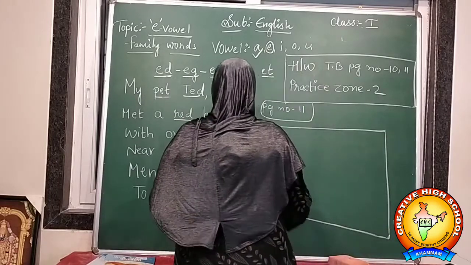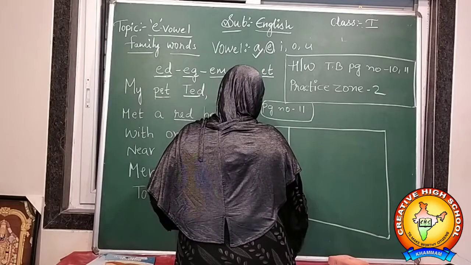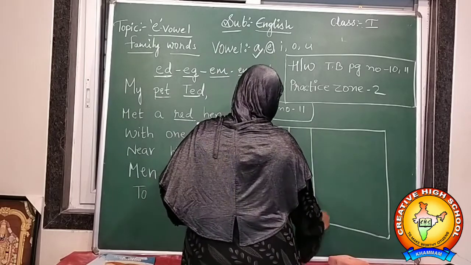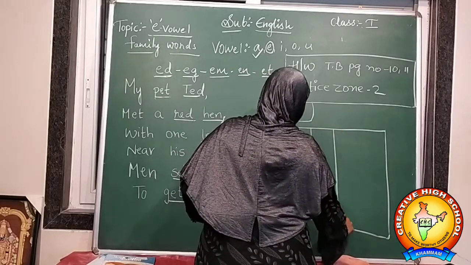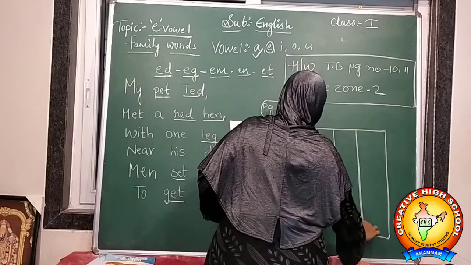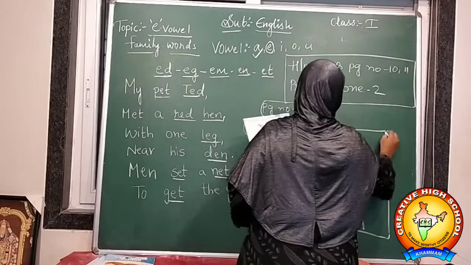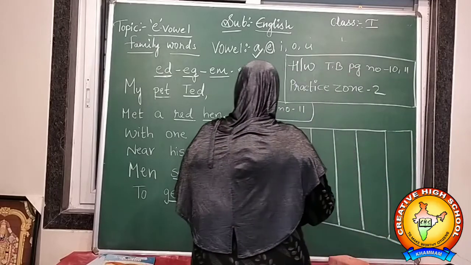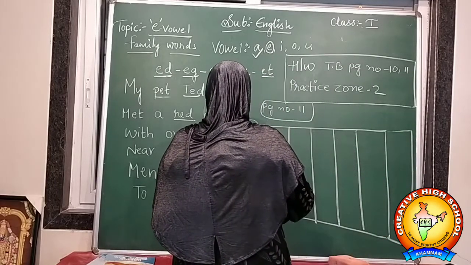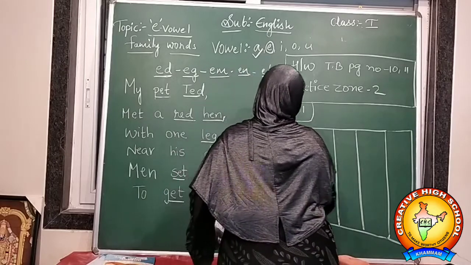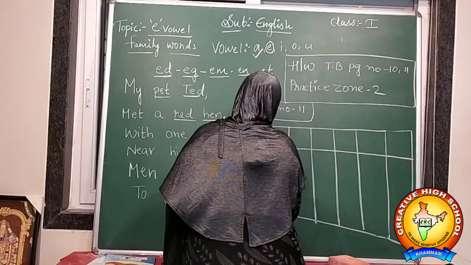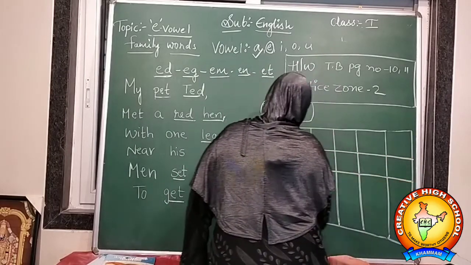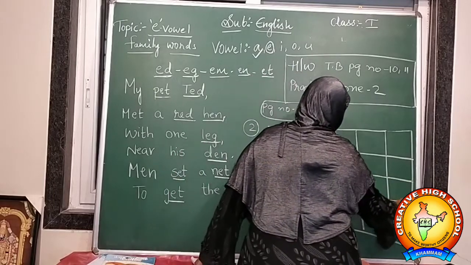Isn't it right? 1, 2, 3, 4, 5 and 6. And here they are given only 4 boxes. 1, 2, 3 and 4.